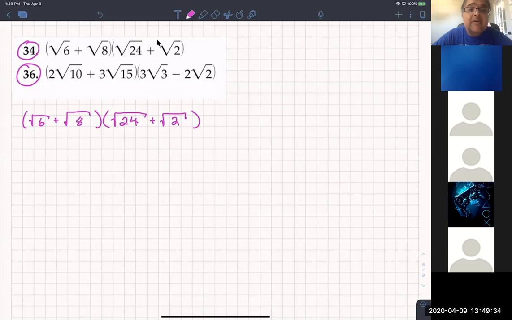Which ones do we multiply first? Okay, so I'm going to go ahead and go forward. Remember, we foiled these. So we multiply 6 times root 24. So 6 times root 24 is root 144.